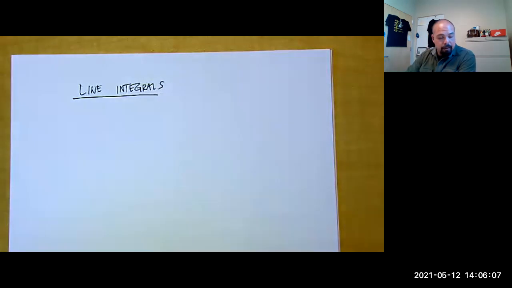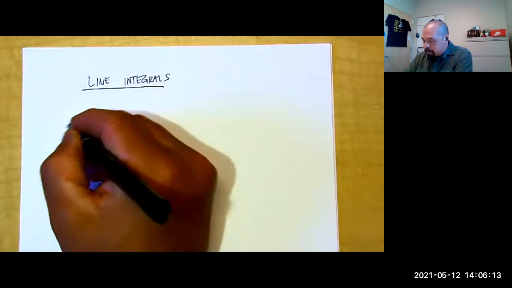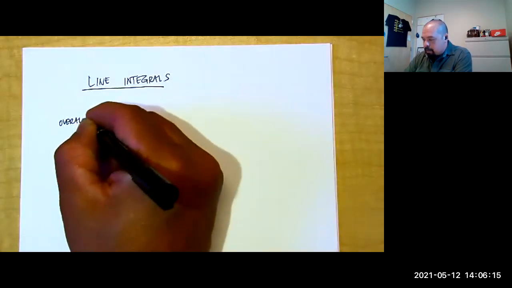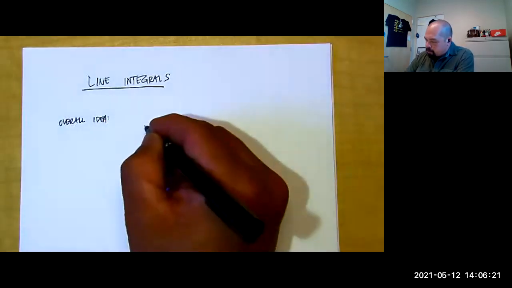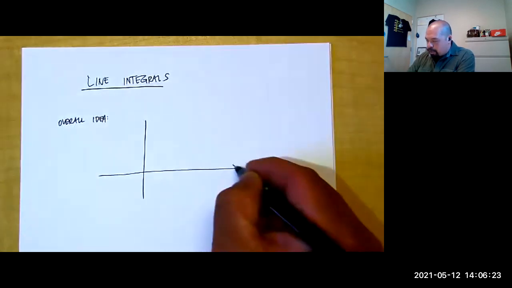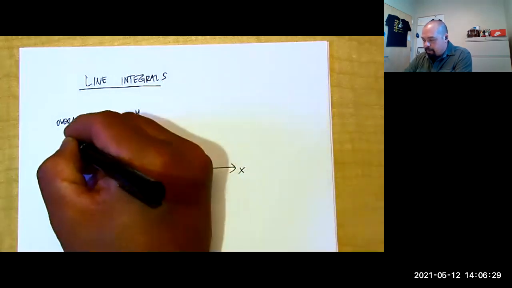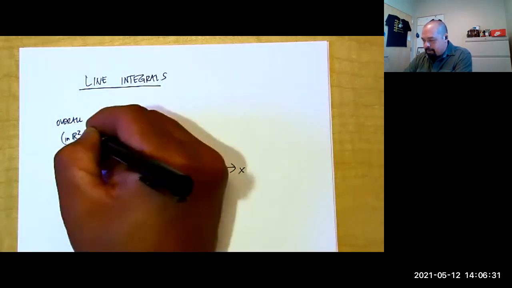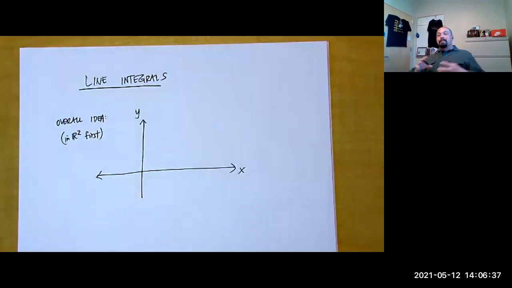All right, so for our line integrals, let's kind of start off with this concept, this overall idea, and then we'll start to break it down into these components. We can, of course, work in 3 dimensions as well, but let's start off with our 2D, R2, first, right? But we're going to be able to expand on this, go to 3 dimensions, hopefully fairly quickly. It just entails a longer integral we have to deal with.